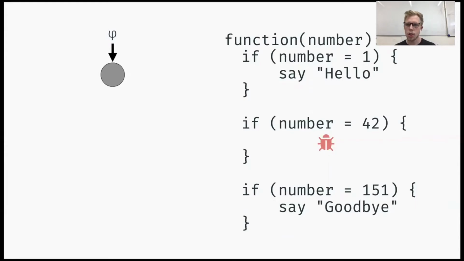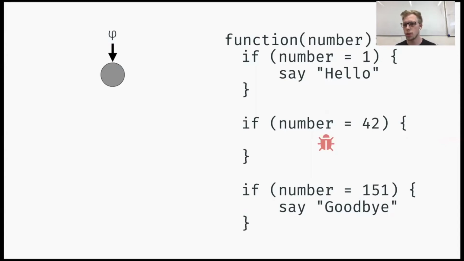What symbolic execution does is it goes through the program just like a normal execution would, just like, I don't know, your Java interpreter or whatever would. But instead of using a concrete input, so a concrete number like 1, 3 or whatever, it treats the input as symbolic.